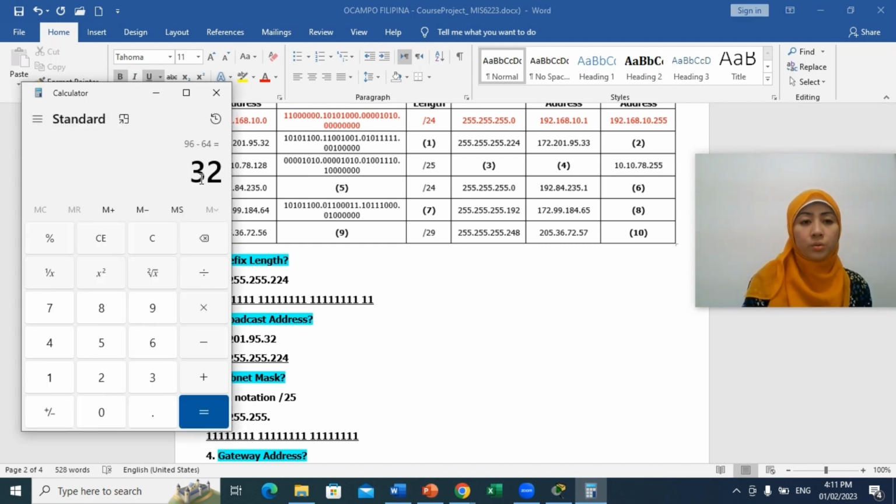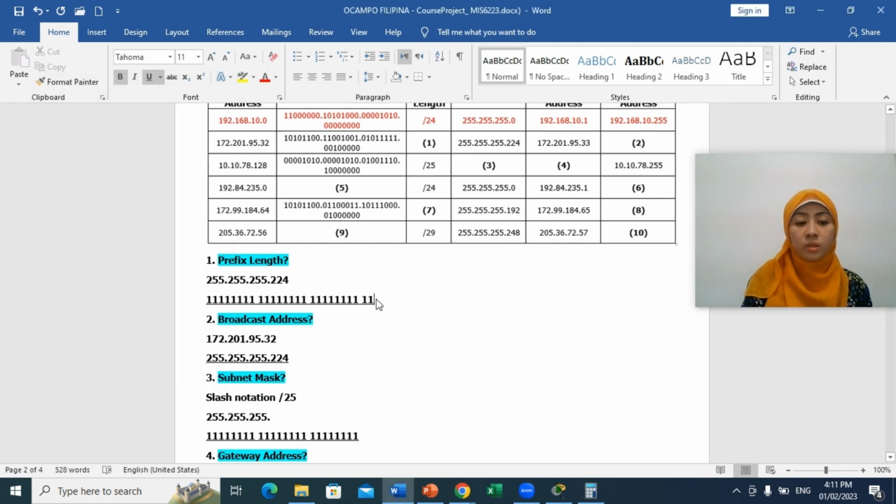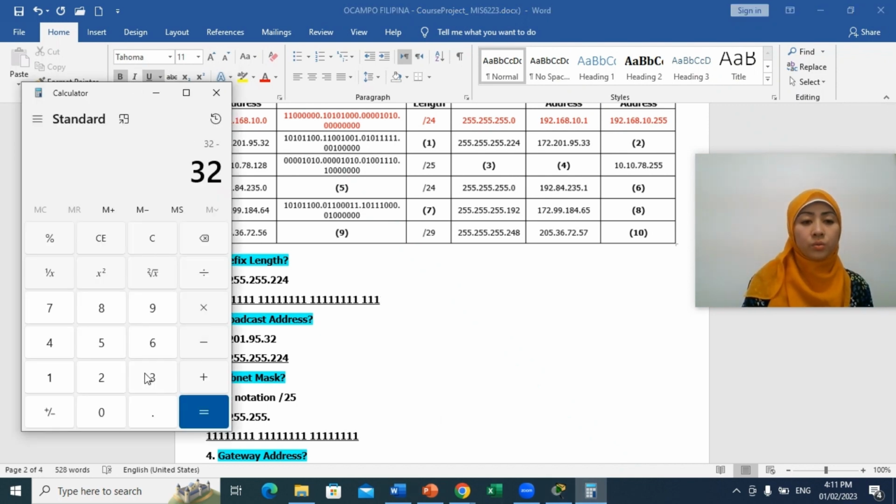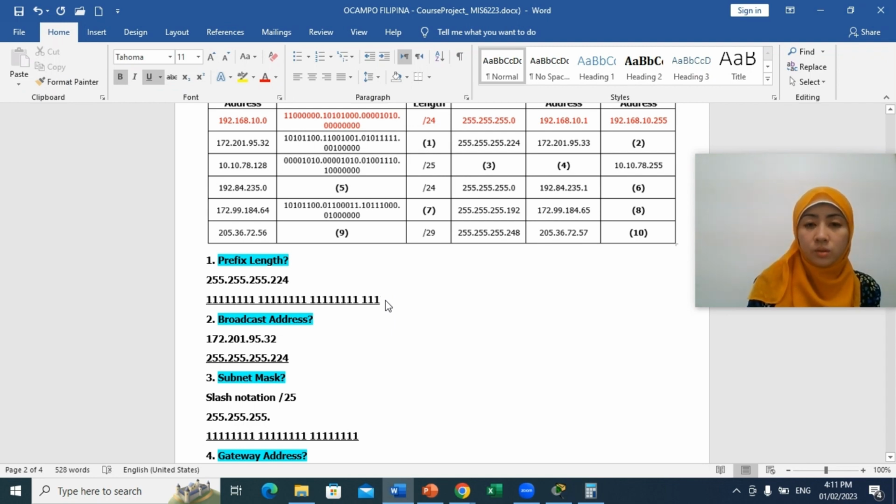Then we have a value of 32, which we also have, so we need to put 1 here. So 32 minus 32 is 0. So from here, we will put 0s for the rest.